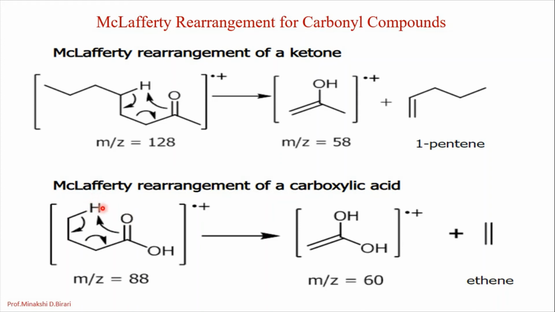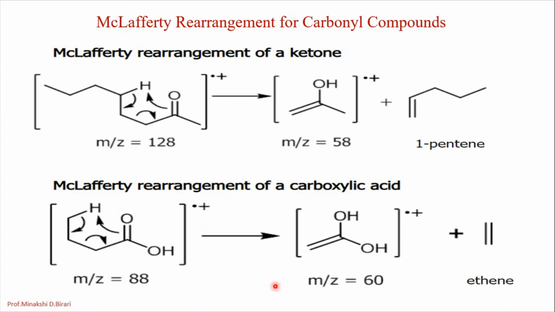The transfer of a gamma hydrogen occurs towards the heteroatom, with formation of a six-member transition state, and further cleavage of the alpha-beta bond followed by the transfer of the gamma hydrogen leads to the formation of the enol radical cation, and the alkene can be eliminated as a neutral species. So we get the formation of a peak at mass to charge ratio 60 due to this type of fragment, that is, the enol radical cation.